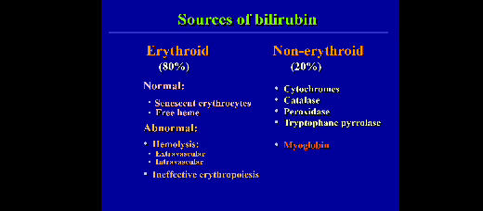The second one is abnormal, like hemolysis. In hemolysis, there may be extravascular and intravascular hemolysis. Then there is ineffective erythropoiesis. Non-erythroid sources are the cytochromes, catalase, peroxidase, tryptophan pyrrolase, and myoglobin.